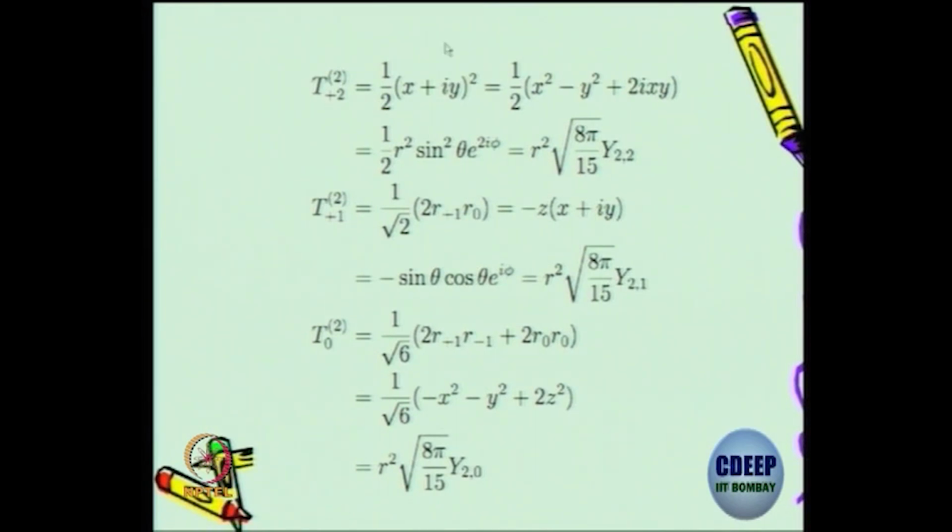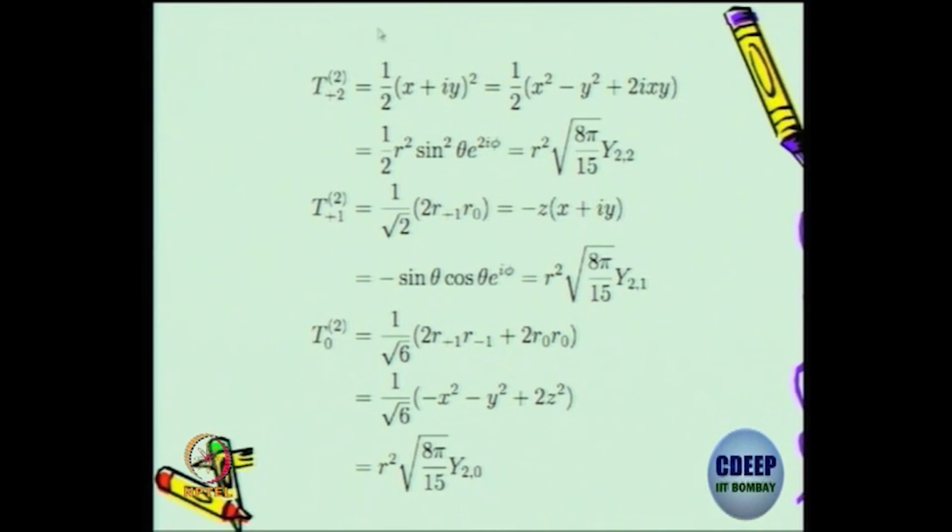So there is a correspondence and you can explicitly verify for the position vector. It is indeed giving you Y2,2 up to normalization, and by ladder operation you know how to do this. L minus you know how to operate here, and you can directly say that this is the way the other components of the rank 2 tensors will be.